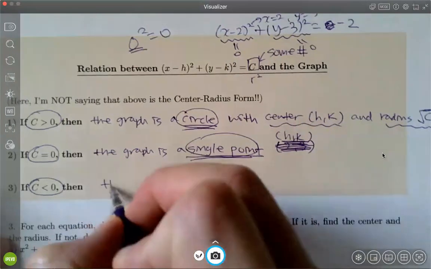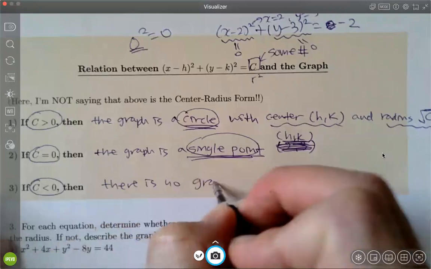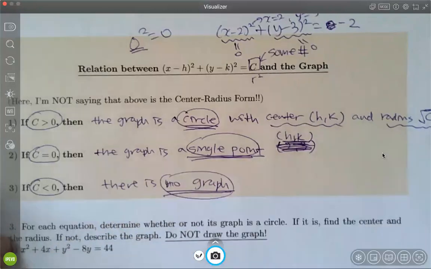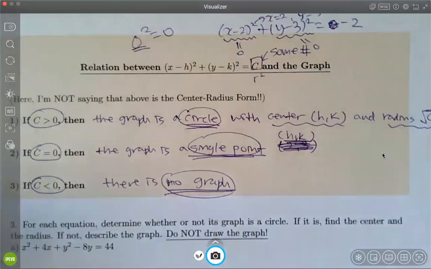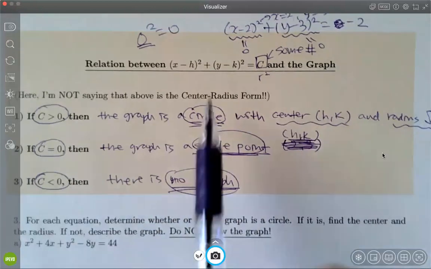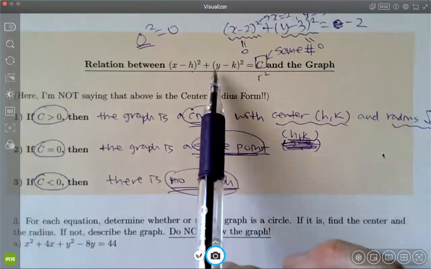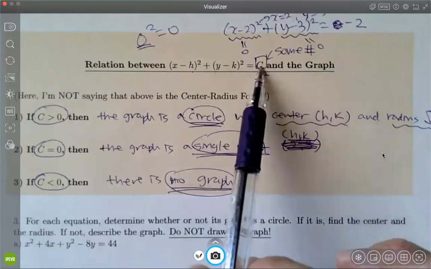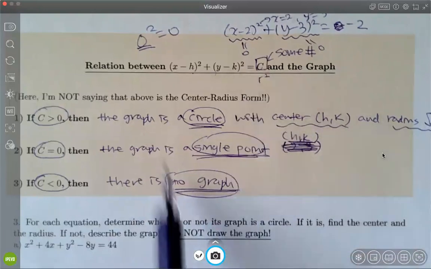There is no graph. It's just an impossible case, basically. So you have to have this x minus h squared plus y minus k squared, and then after that you can deduce what that c should be, and then you can identify what kind of graph you should have.